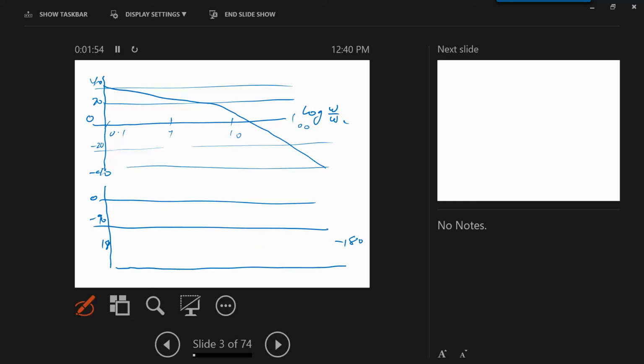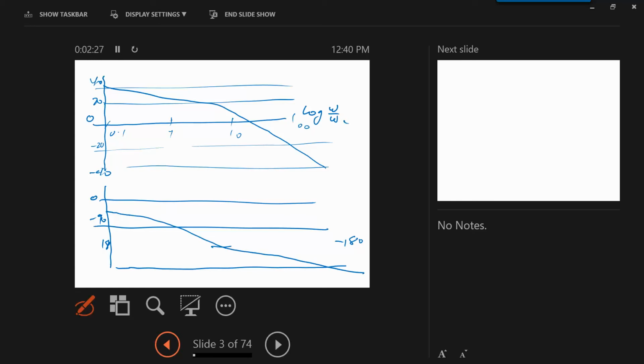Anyway, let us assume that the phase angle is something like this, and here is my minus 180 line.